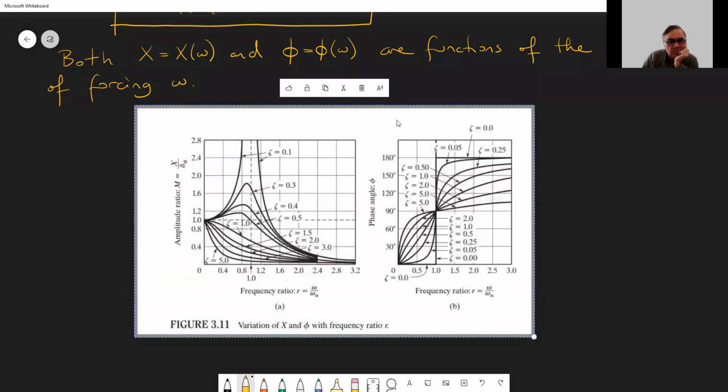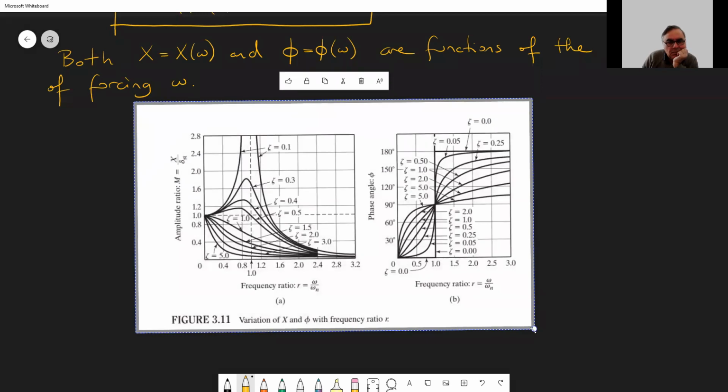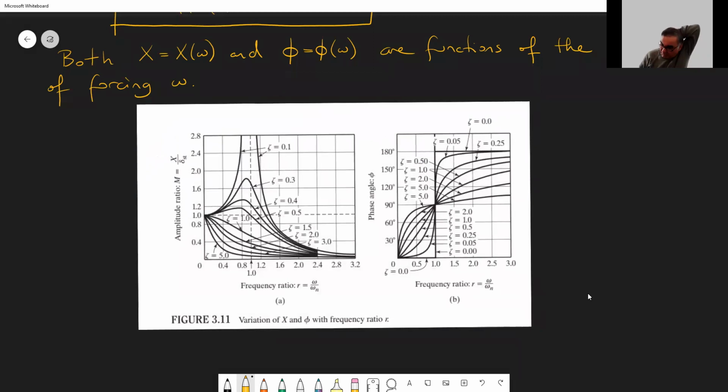Okay, this is from the book by Rao, which I use for mechanical vibrations course. This is the amplitude. This is x. This is actually equal to this part. This is x over f0 over k. Okay, and this is r, which is omega over omega n.